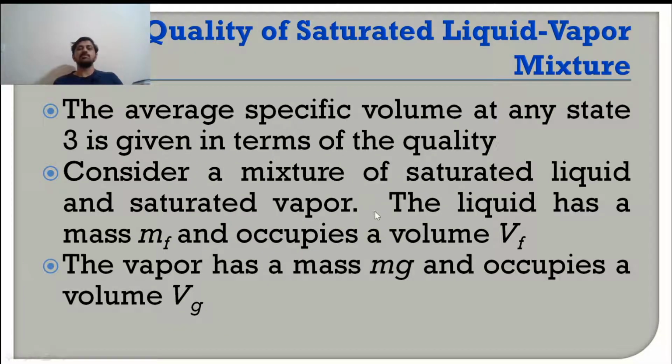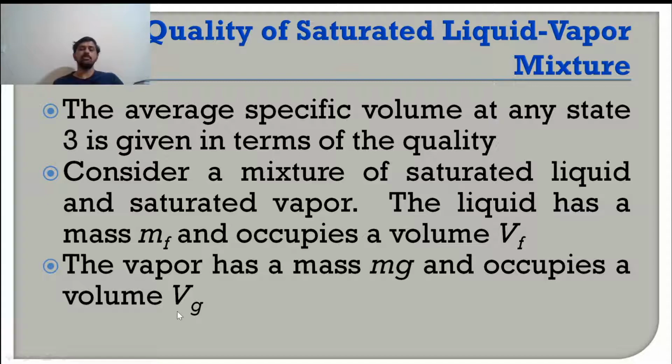The average specific volume at any state 3 is given in terms of the important parameter quality or dryness fraction. So we are considering a mixture of saturated liquid and saturated vapor at that particular point. The liquid has a mass of mf, where f stands for liquid, and occupies a volume of Vf. The vapor has a mass of mg and occupies a volume of Vg.